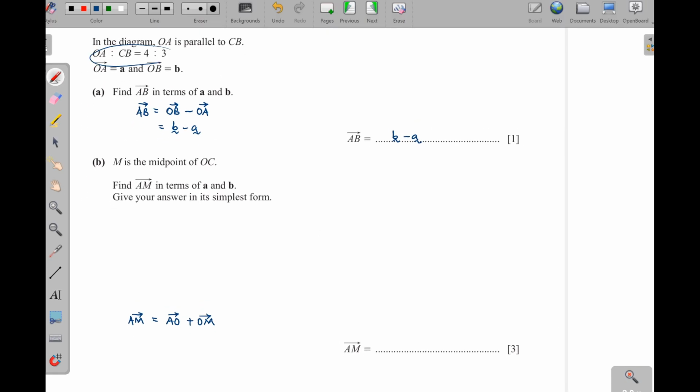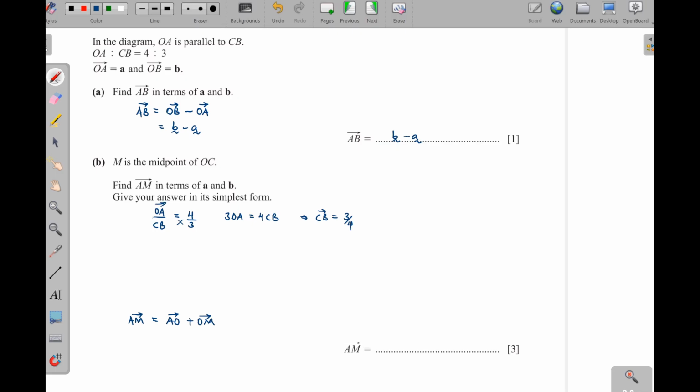Let us begin from this ratio here. So OA out of CB will be equal to 4 out of 3. So when we cross multiply, then we shall have 3OA, then is equal to 4CB. Are we there? So meaning C to B, this vector CB is equal to 3 out of 4.